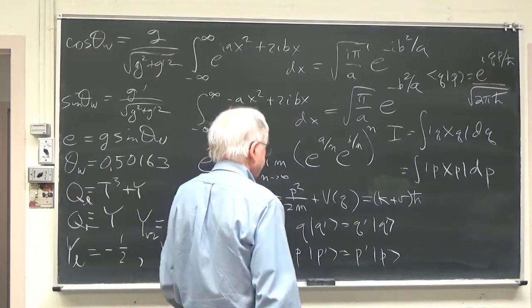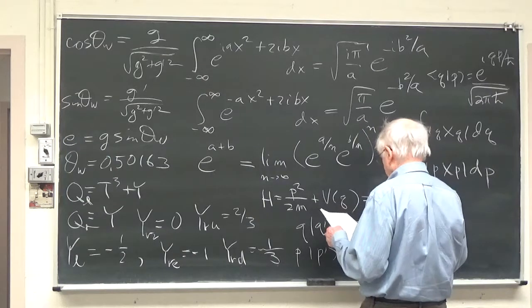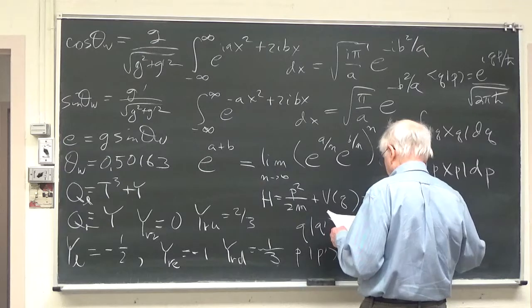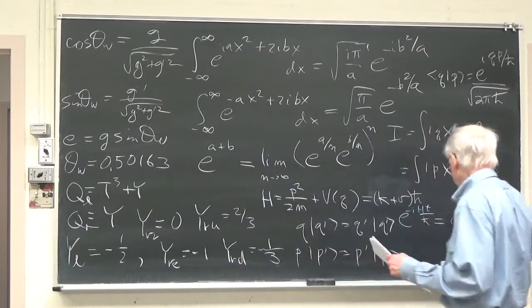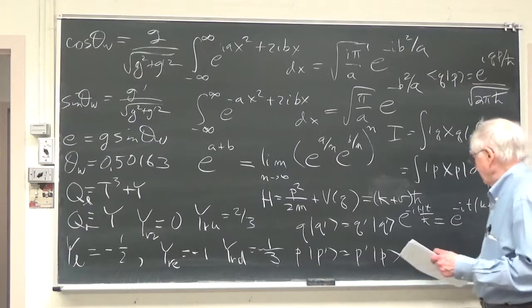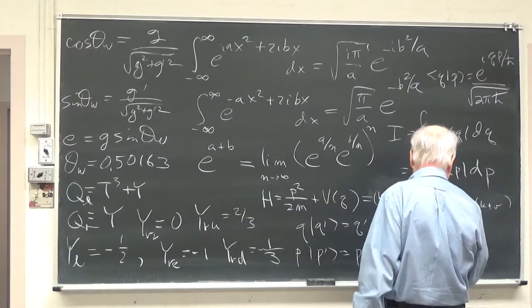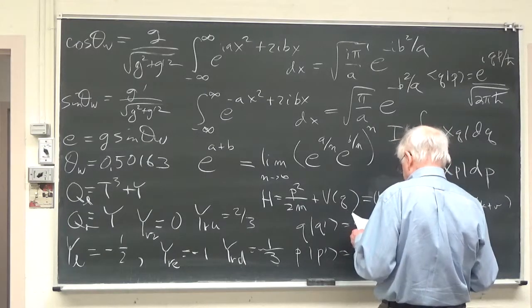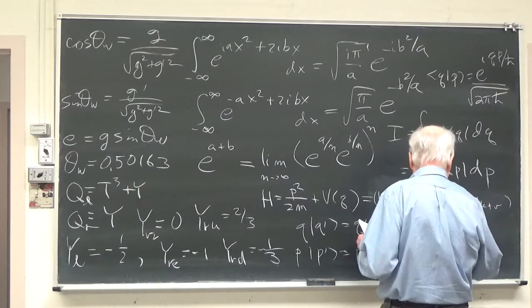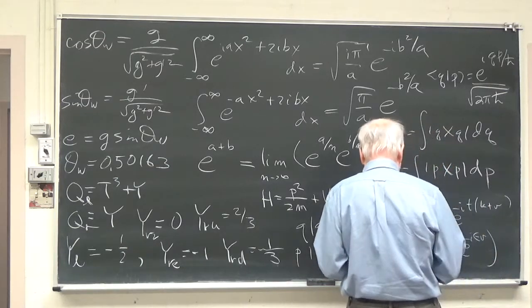That way I can write the time evolution operator e to the minus i h t over h bar as e to the minus i t (k plus v), and then I'm going to use the Trotter product formula to write that as e to the minus i epsilon k, e to the minus i epsilon v, raised to a huge power.